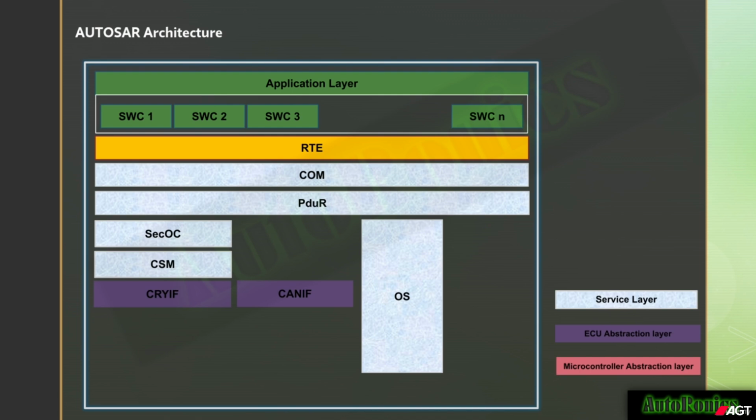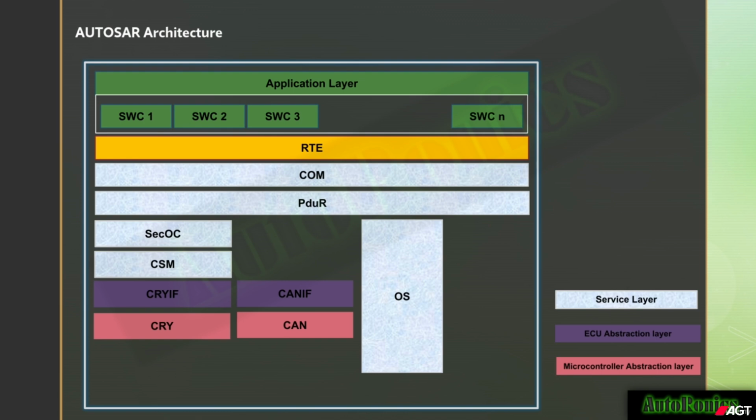Then let's see about the microcontroller abstraction layer, which is the lowest layer. This means that the MCAL module can directly access the hardware resources. MCAL contains internal drivers, which are software components that are directly accessible to the microcontroller. As the name suggests, the MCAL layer makes the upper layers independent of the hardware. Here you can see Cry, which is nothing but the crypto layer, which can be crypto hardware or crypto software also.